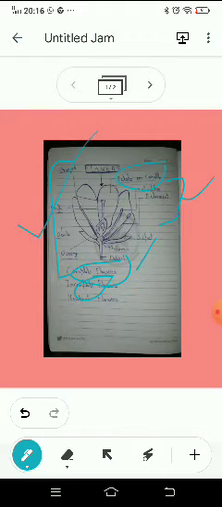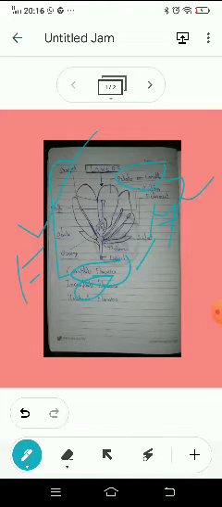Androecium is the male part of a flower, and gynoecium is the female part. If only androecium is there, it will be known as a staminate flower. If gynoecium is there, it will be known as a pistillate flower, because androecium consists of stamens and gynoecium is the pistil. Fine.